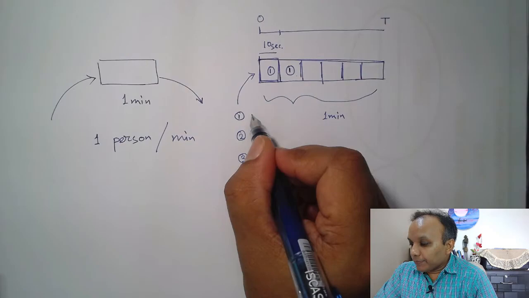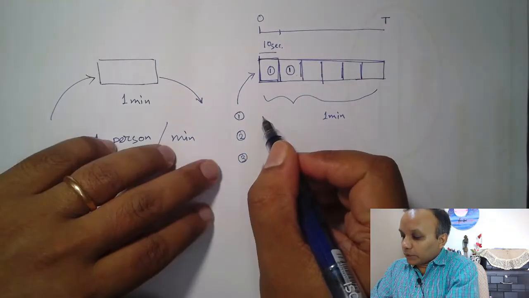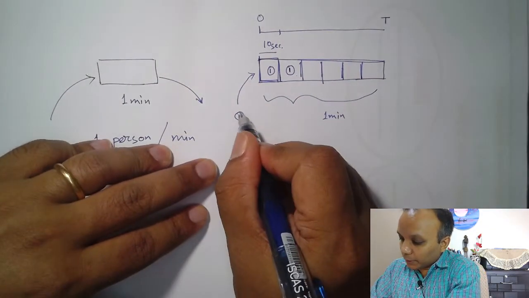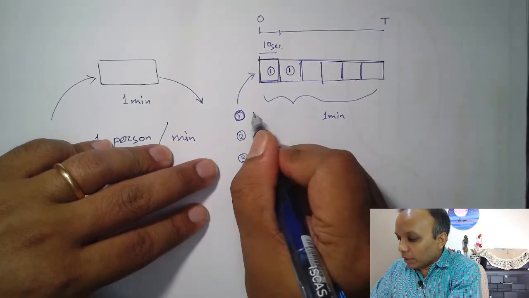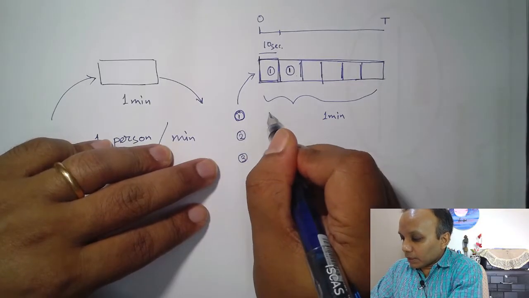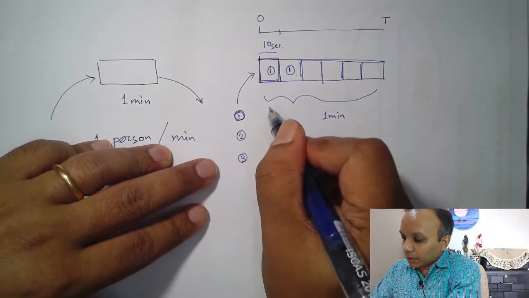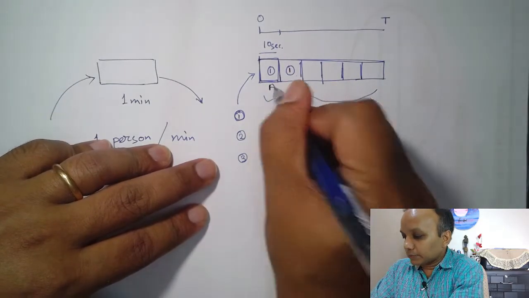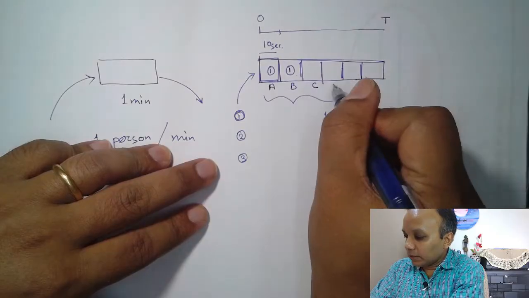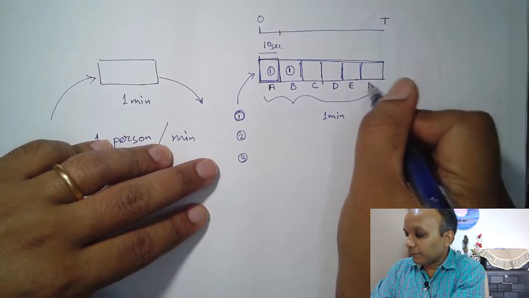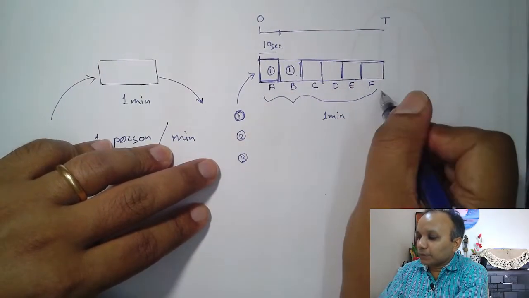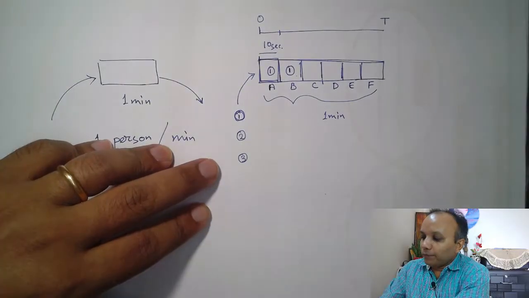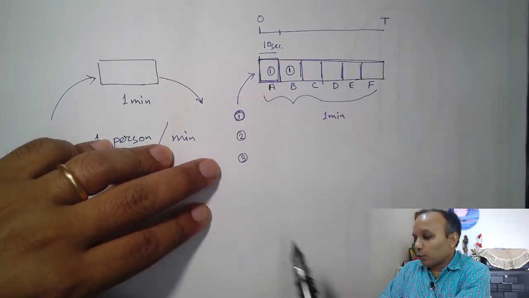So, let me draw this. This is my first person. Let me number them: this is A, B, C, D, E and F. These are my 6 stages of food counters.